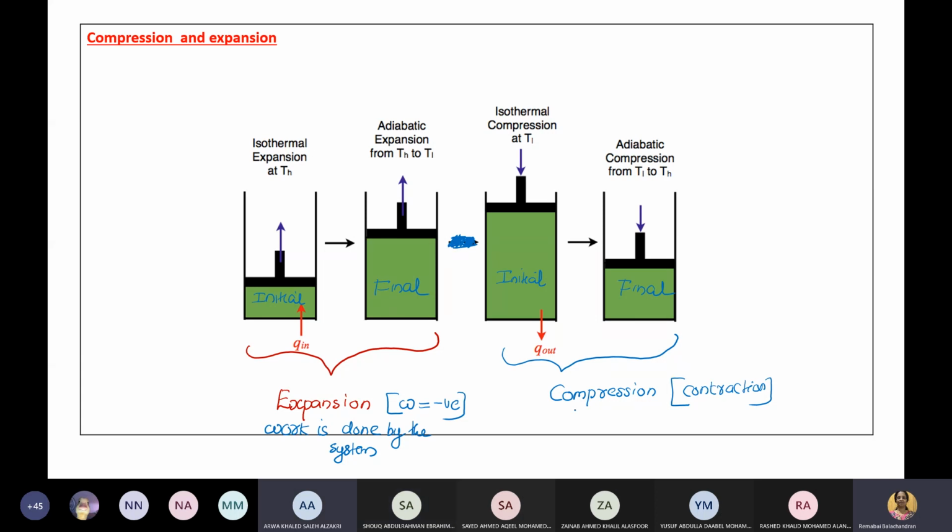Now on compression, work is done on the system by the surrounding, so in this case W is positive.